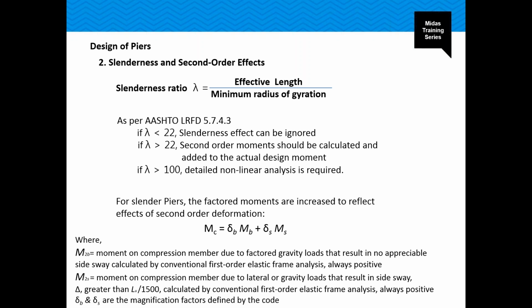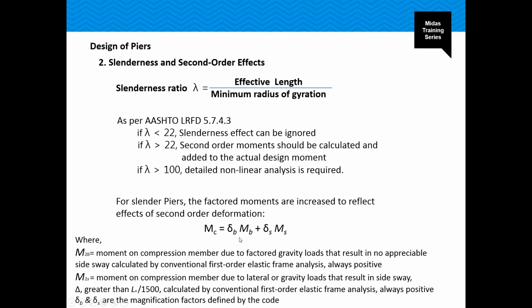The slenderness ratio is then compared with the limiting value; based upon different codes, different limiting values exist. So they are classified as short or slender columns. As per the AASHTO code, if the slenderness ratio exceeds 22, we need to consider the second order effect, so the actual bending moments will be magnified.